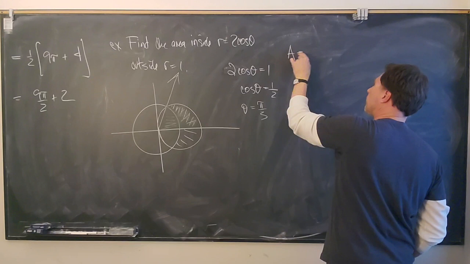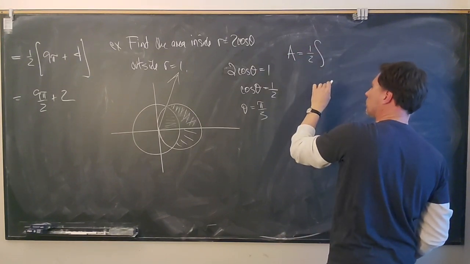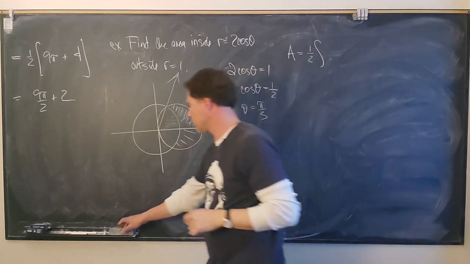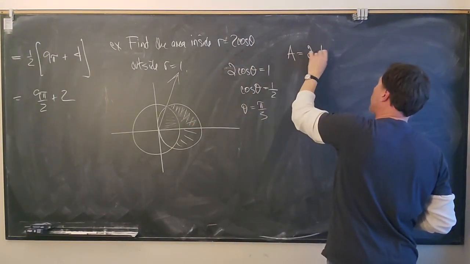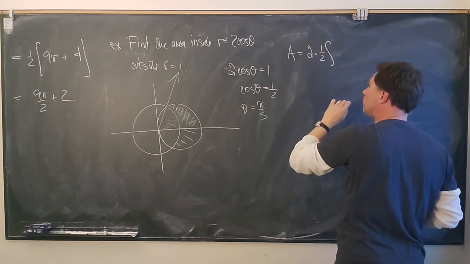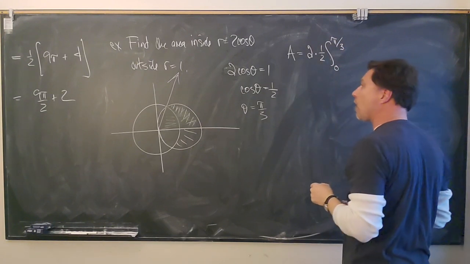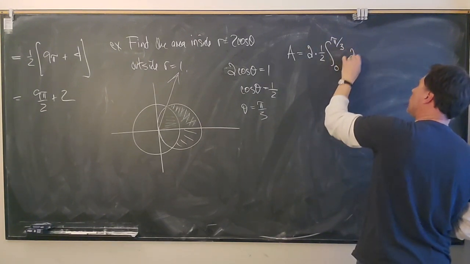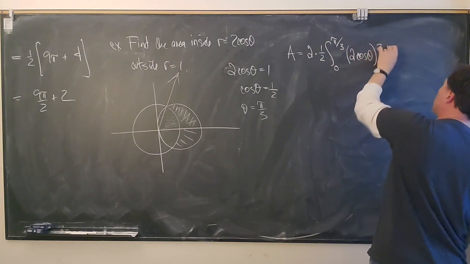So the area is going to equal 1/2 integral. Oh, and I'm going to double it, so it'll actually be 2 times that. So 2 times 1/2 integral 0 to pi over 3. The outer curve is 2 cosine theta, so we're going to square that, d theta.